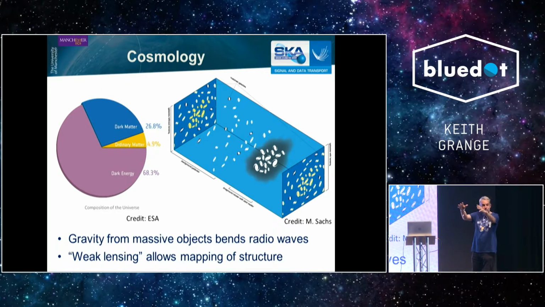And that mass actually bends the light exactly the same way as a lens would do. And we can detect that with a radio telescope like the SKA and start to deduce how much mass there is and how it's starting to clump and how it's been formed, and start to work out what that tells us about the dark matter and the dark energy in the universe.